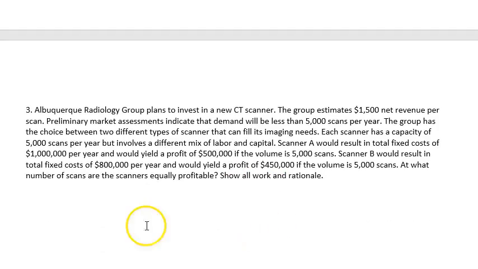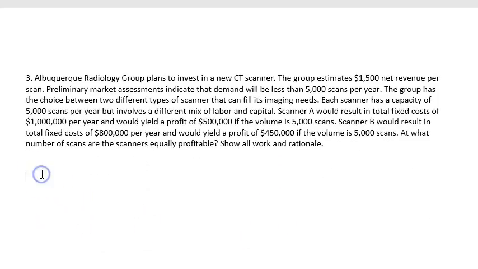What we need to do now is set up the formula, which is really the trick of the equation. That's kind of the hard part. So the way I approached it is that we have our standard $1,500 per scan. I probably should put a dollar amount on there so you guys know. Remember, we're making $1,500 per scan, says it right there, times X, number of scans. We don't know what that magic number is.